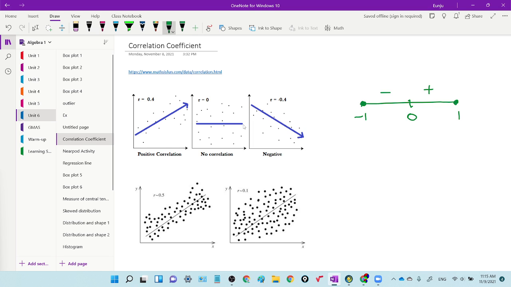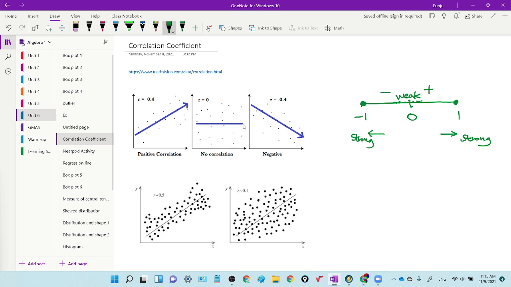And a number near 0 means it has a very weak relation. And towards the ends, that means it is a very strong correlation. So 0.5 is stronger than 0, right?